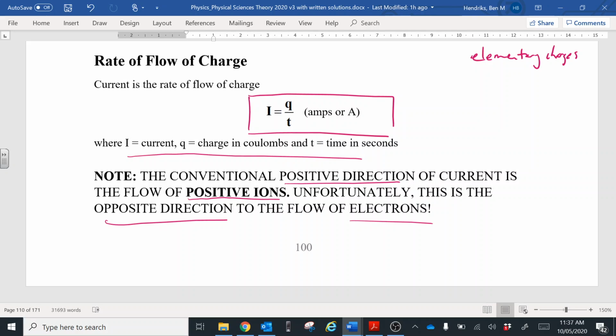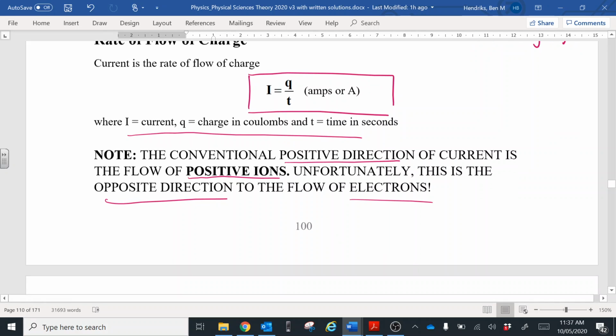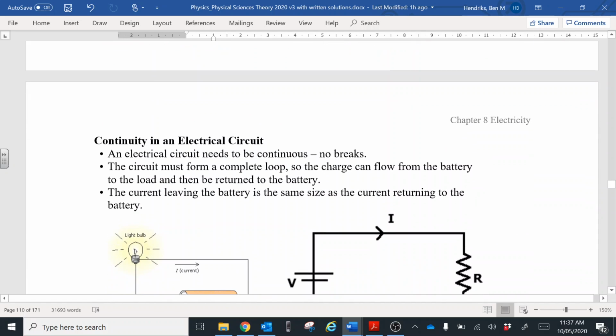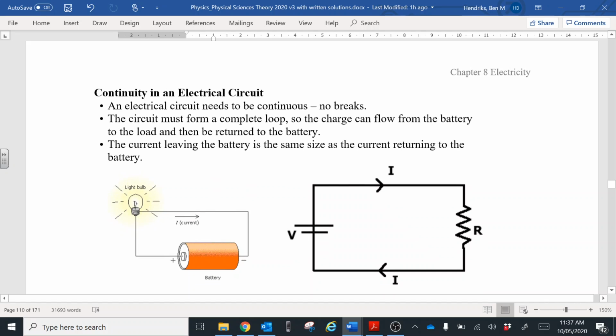Electrons are negatively charged, and when they were setting up their conventions for which way they wanted to choose as positive, they chose it in the direction of positive ions, and unfortunately, electrons are deemed negative charges. So we will see a little example about that later.